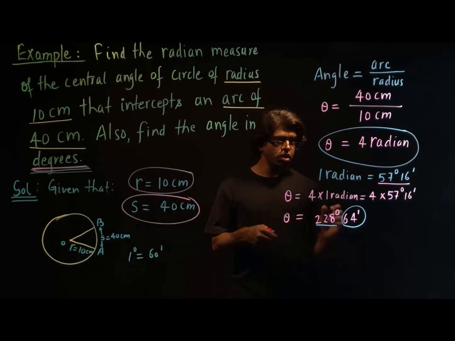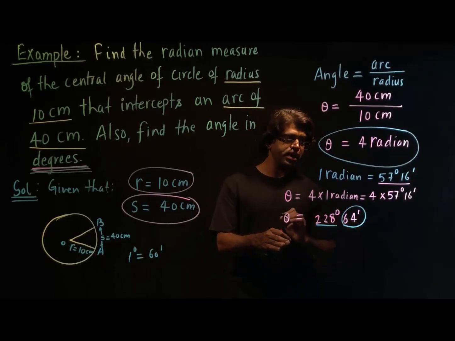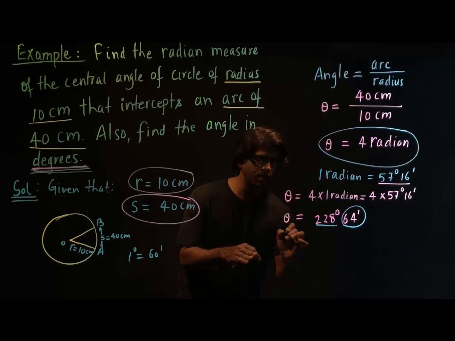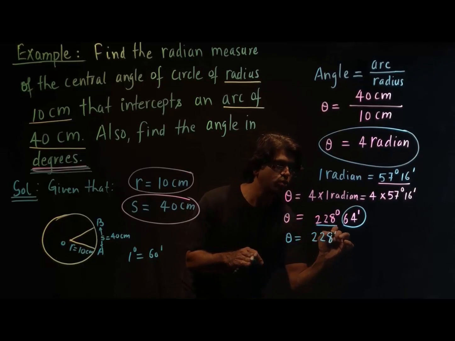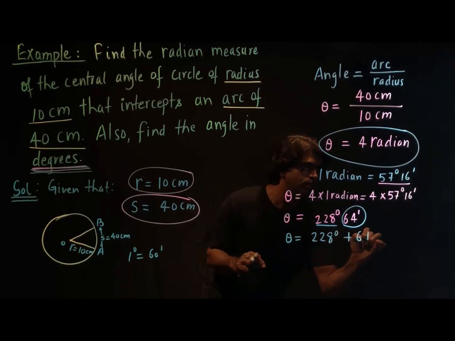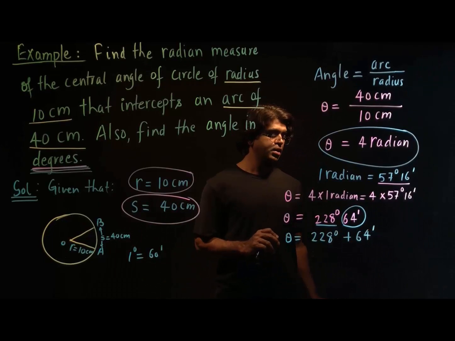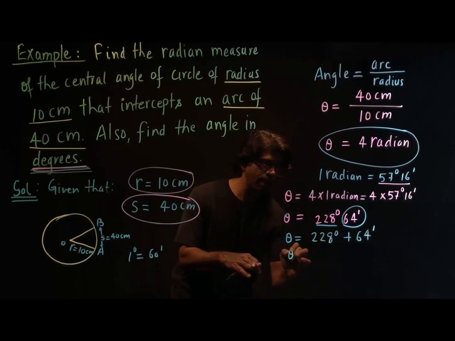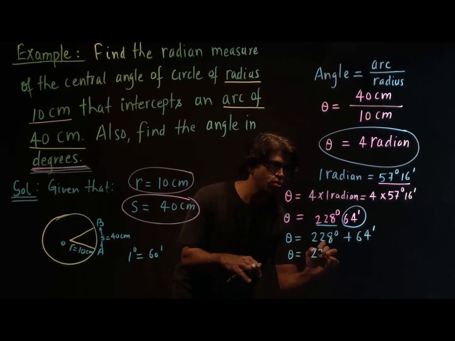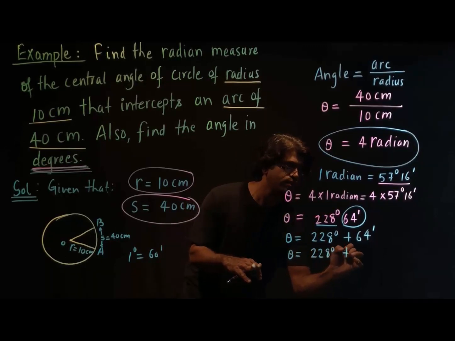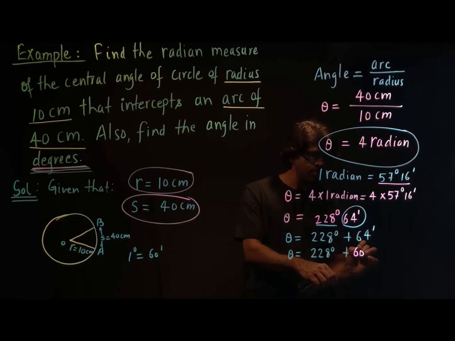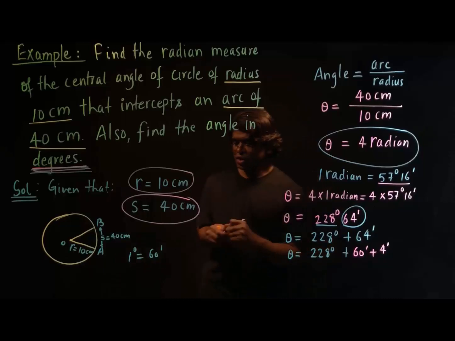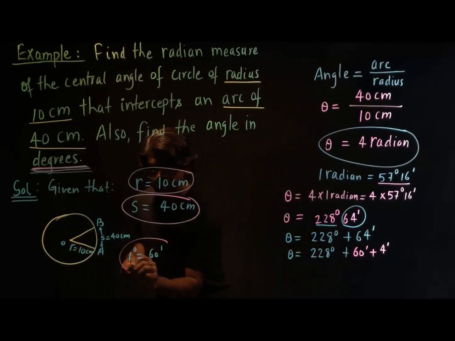Now, what we need to do is separate degrees and minutes. So I'll write theta is equal to 228 degrees plus 64 minutes. Now, I can further simplify and write theta is 228 degrees plus 64 minutes, which is basically 60 minutes plus 4 minutes. And we know that 60 minutes is 1 degree.